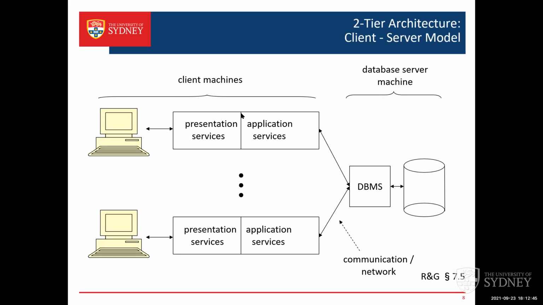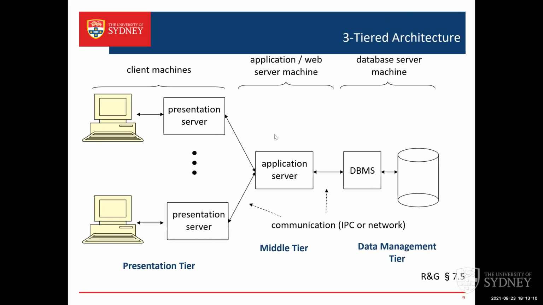Now you can see that this presentation service, application service, everything that you have, you will write that in your machine, but you will connect with the server machine that we have in our university. Right? So there will be some communication between them using the network. Okay. So if we divide it this way, this one is known as two-tier architecture, simple client and server.